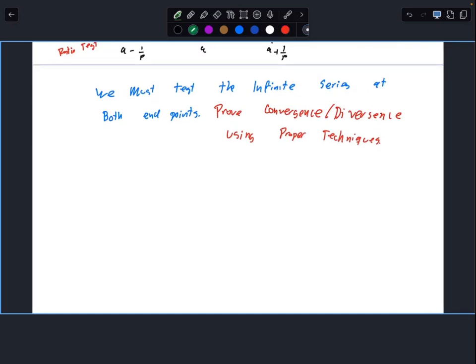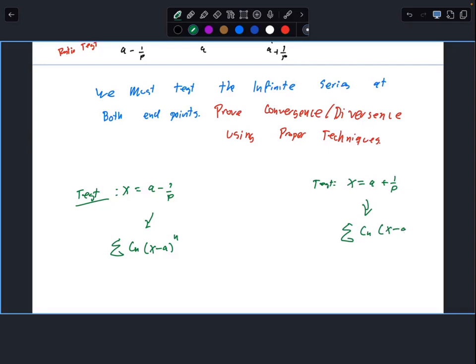The best way to do it is to test x equals a minus 1 over p, plugging this into our original power series, the sum of c sub n times x minus a to the n. Then also test x equals a plus 1 over p, plugging that into the original power series of c sub n times x minus a to the n.